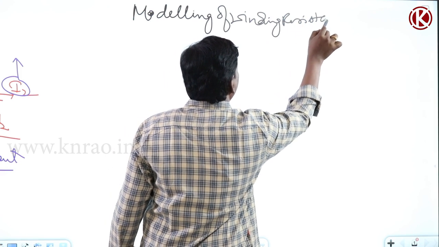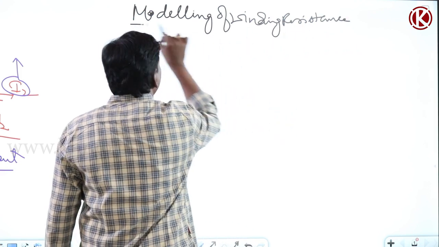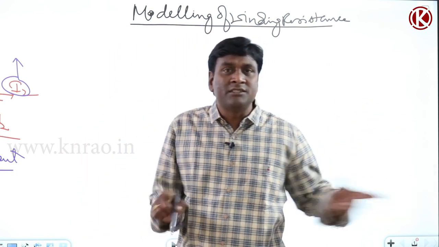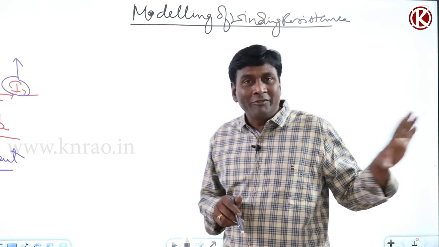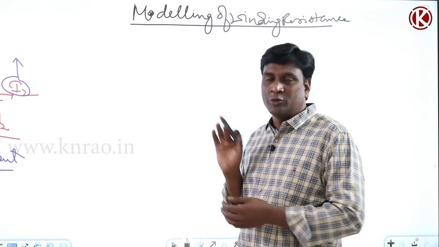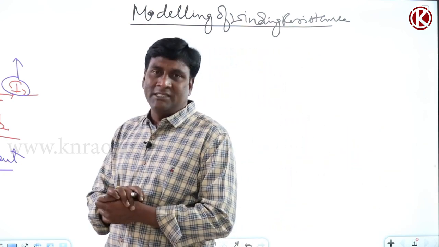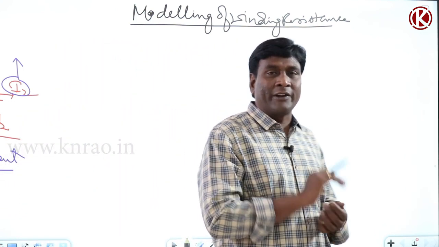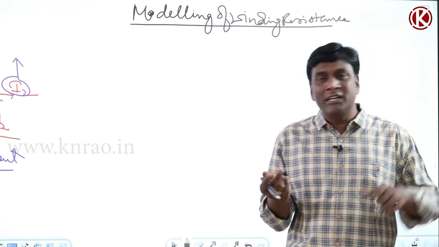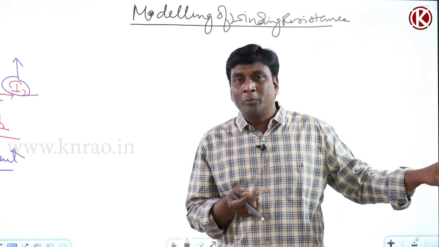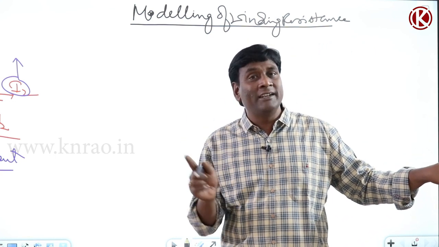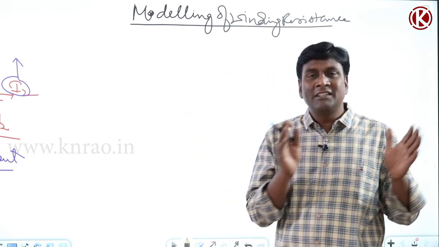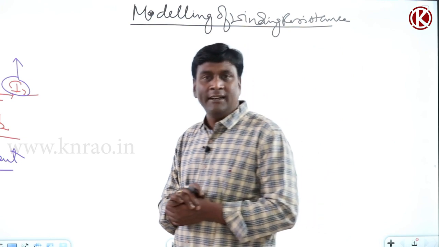If I try to model winding resistance, compulsorily one thing: whatever is happening in a practical machine, the same thing has to be represented here. Now in a practical machine, how much are the winding currents? For example, secondary winding. In the secondary winding, I2 current will flow in a practical transformer. Because of I2 current flowing through the winding, I2 square R2 will be the copper losses, if I think of R2 as the winding resistance of the secondary.